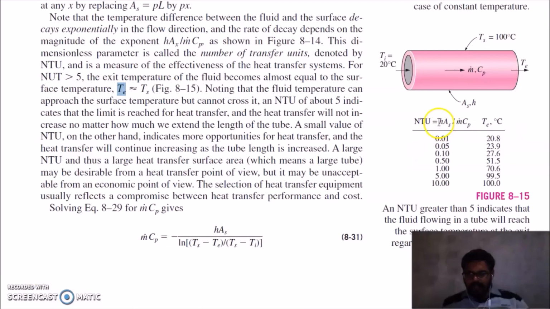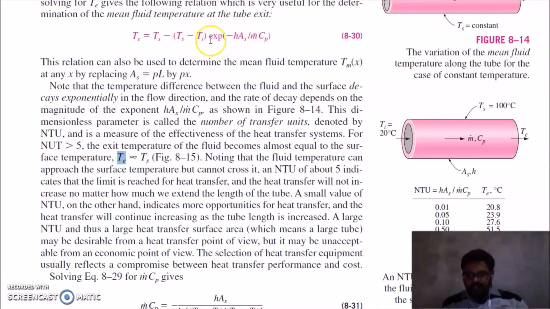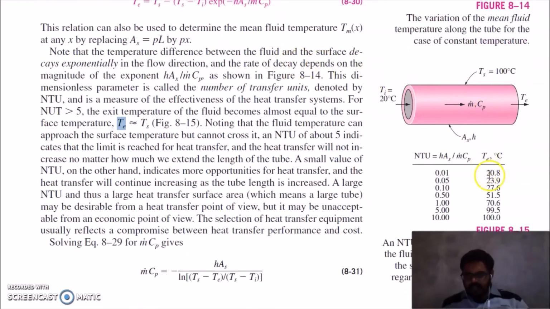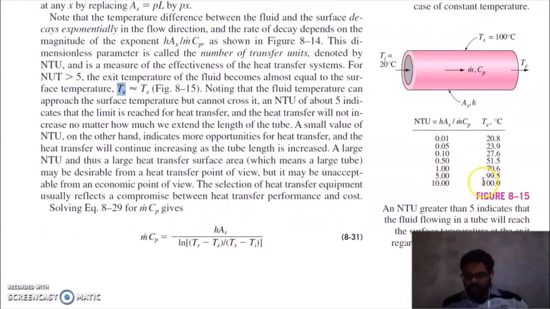Means this exit temperature will become almost equal to the surface temperature for NTU greater than 5. So NTU is equal to h As by m Cp. You can see for this case, when your inlet temperature of fluid is 20 and surface temperature is 100, if you substitute in this equation, your exit temperature will come out to be, for NTU 0.01, it is 20, for 1 it is 70, and for 5 it is almost 99.5.